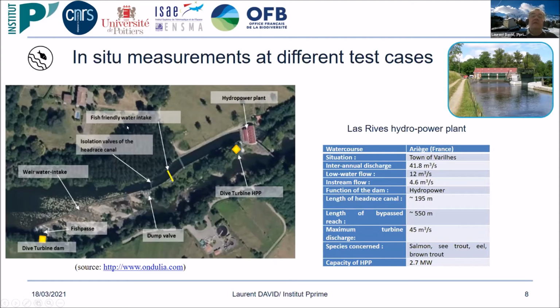The particularity of this hydropower plant is that the fish-friendly water intake is placed at the head of the head race canal. And it was also easy to measure on this configuration because we have access on the different sides of the intake.